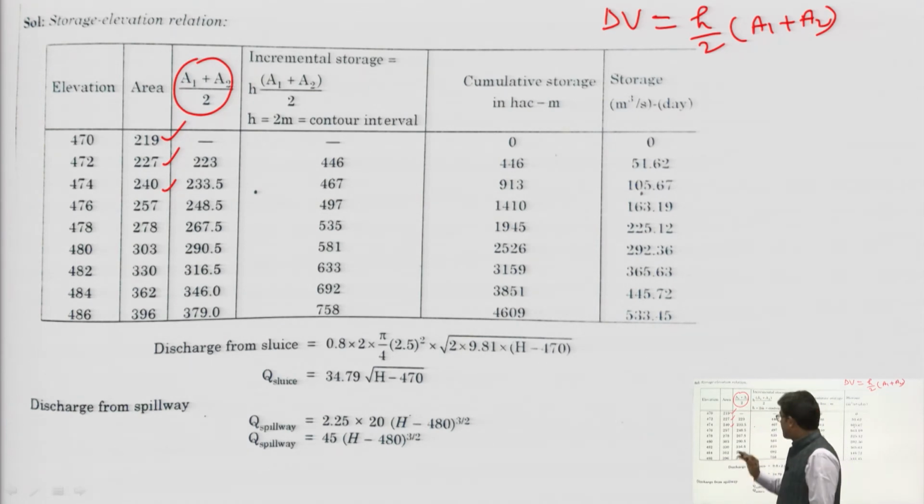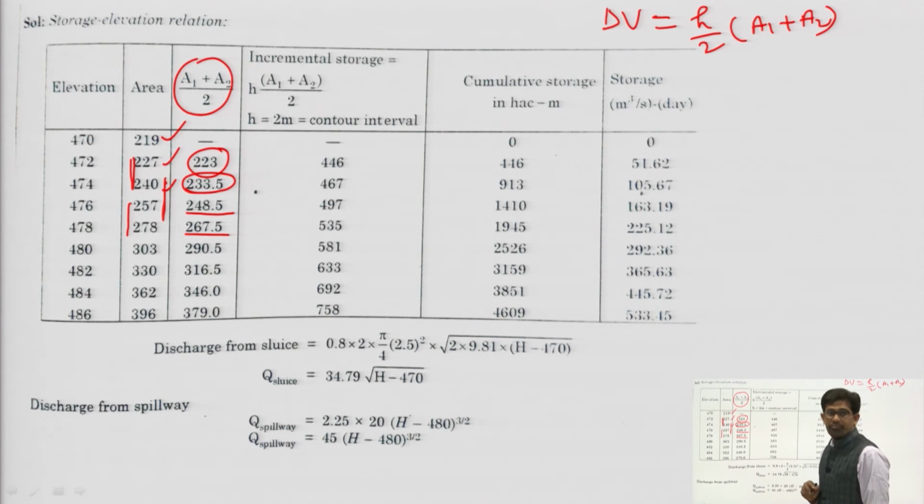This value 223, how is it calculated? It is the average of 219 and 227. This one is the average of these two, and 248 is the average of these two. So, the data in this column has been prepared.